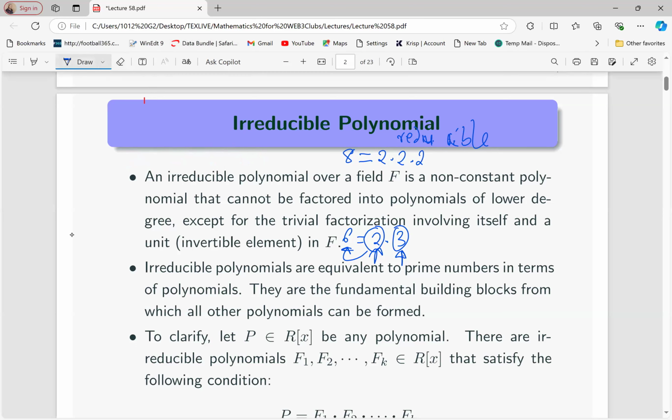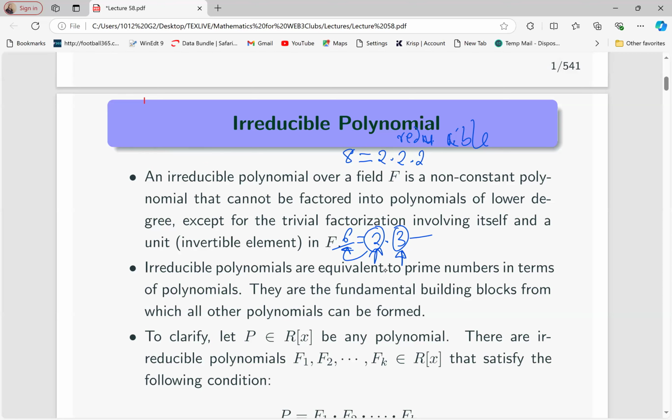So, for instance, this 6 has been written as a product of two irreducible integers. This 3 cannot be reduced further. It is a prime number, and even this 2 cannot be reduced further. A number like 7 is irreducible. You cannot reduce it. You cannot factorize it.